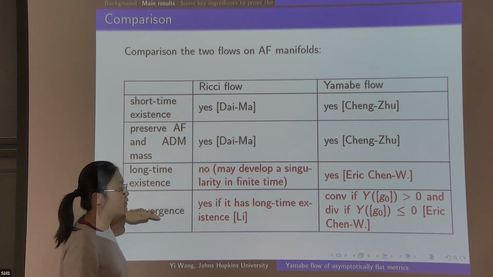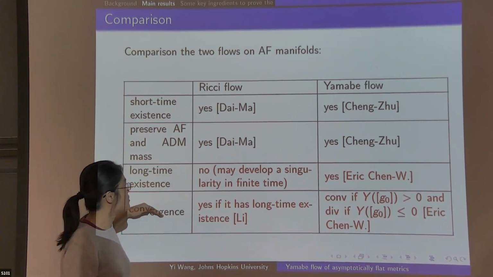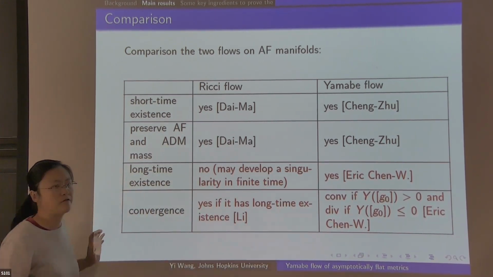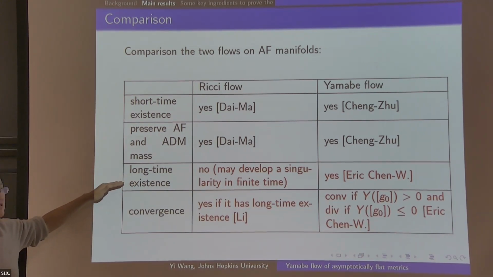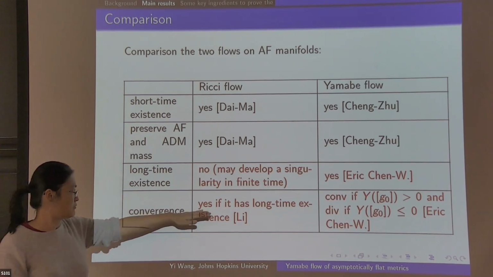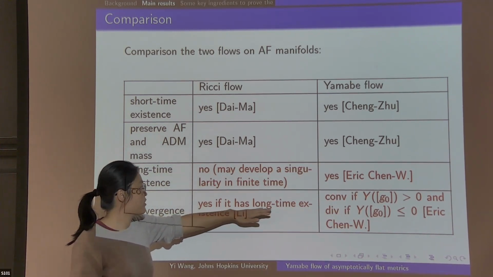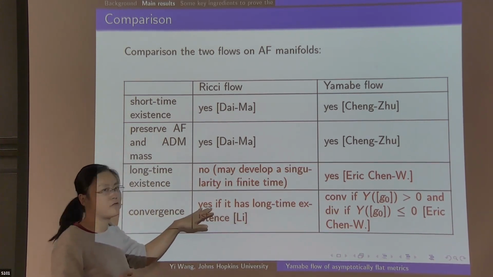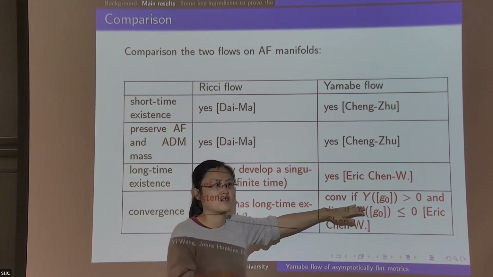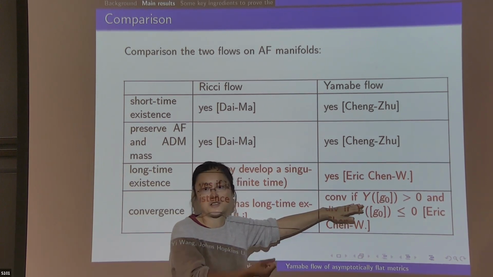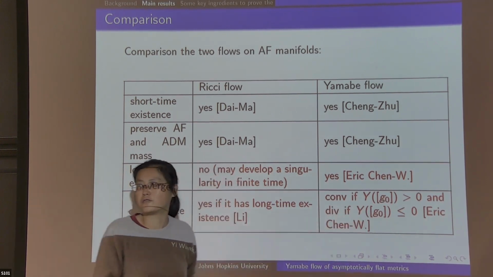But for the last 2 properties, they behave differently. One has long time existence, one doesn't. And for one, long time existence implies convergence, but this one always has long time existence. Sometimes it converges, sometimes it doesn't.